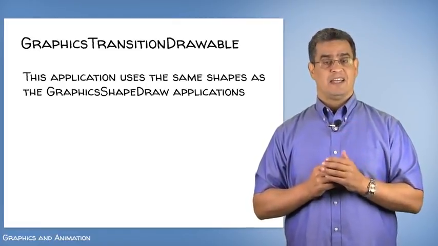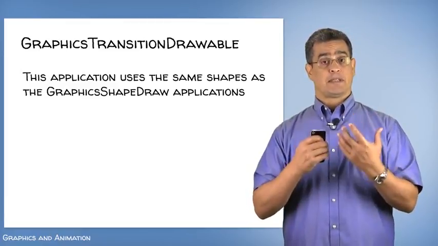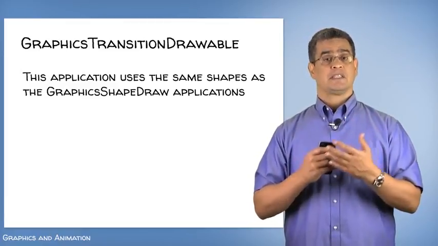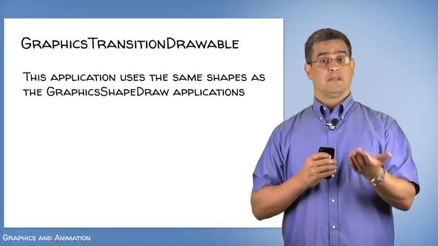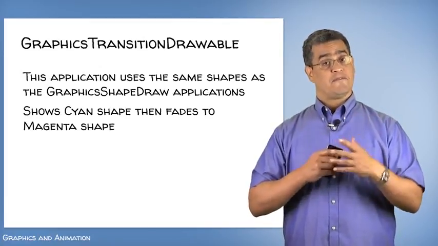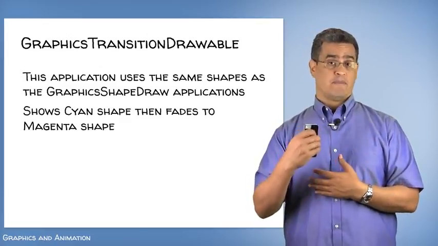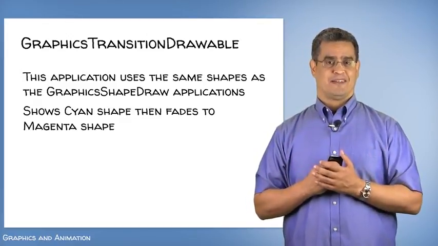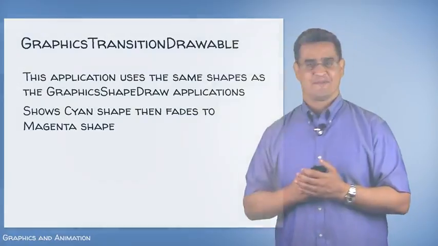But this time, instead of displaying both shapes at the same time, this application first displays the leftmost cyan-colored shape, which then fades into a display of the rightmost magenta-colored shape. Let's see how that works.